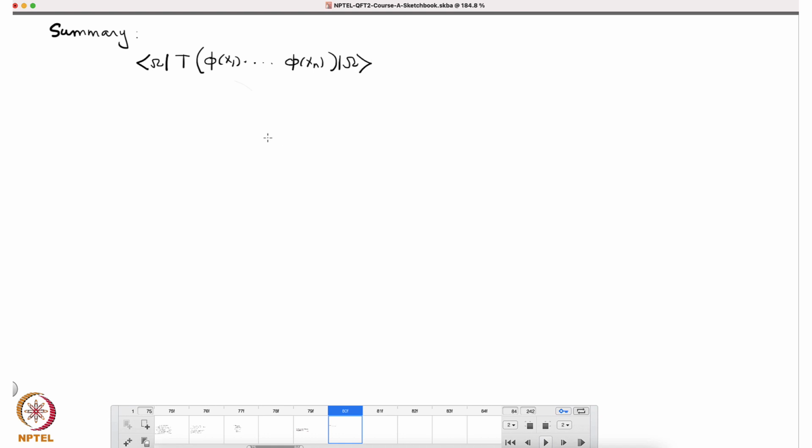Okay. And then in this course we have seen that the S matrix elements, which we denoted by S, with P1 to Pn, these labels refer to out states, and K1 to Km, these momentum labels refer to in states.